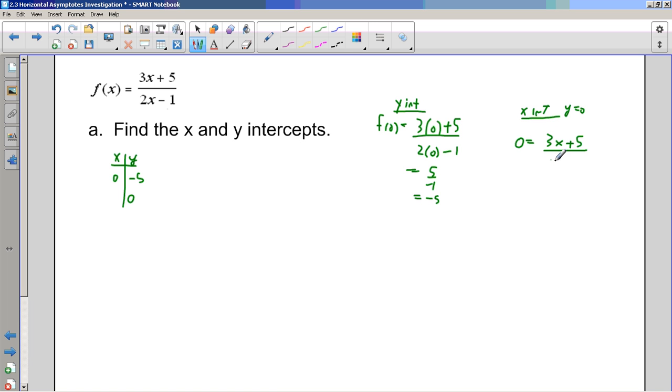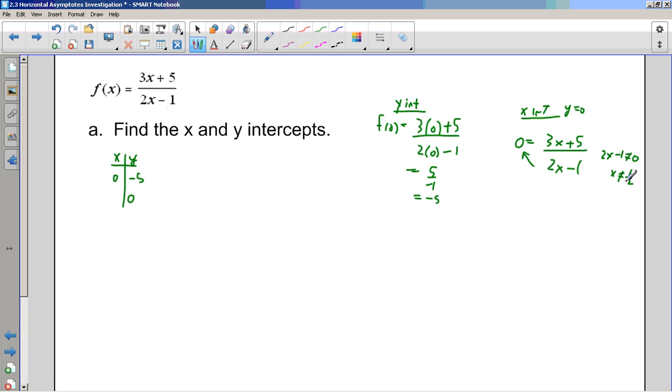One of the topics that we'll be covering in this unit is solving rational equations, but we're doing it right here, because I want to find out when this expression is equal to 0. As long as the bottom part isn't 0, as long as 2x minus 1 is not equal to 0, I can multiply by that expression.